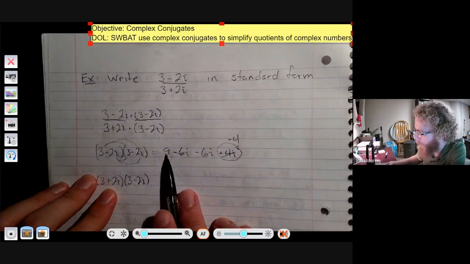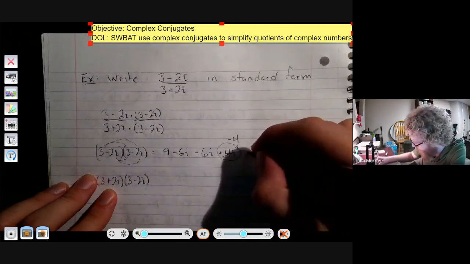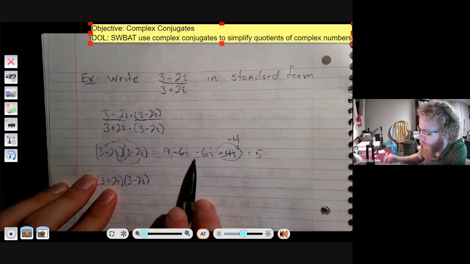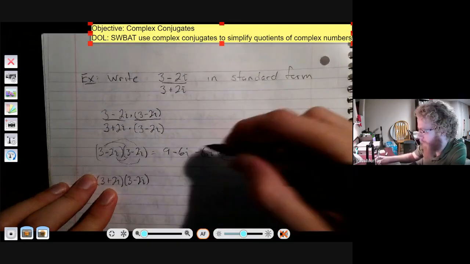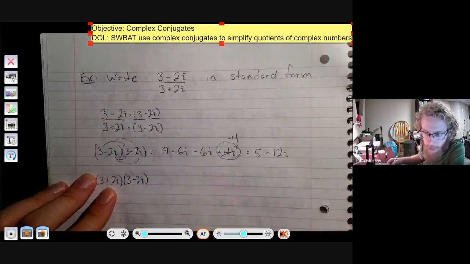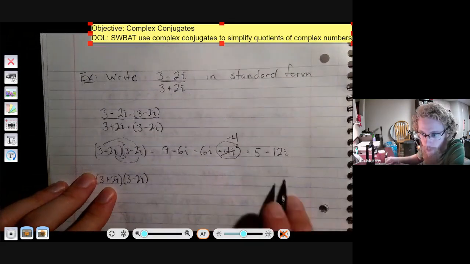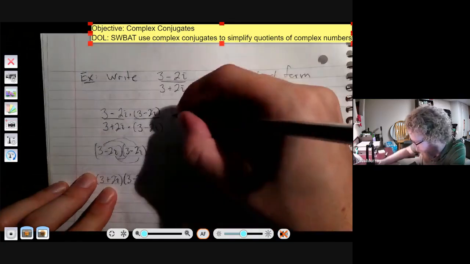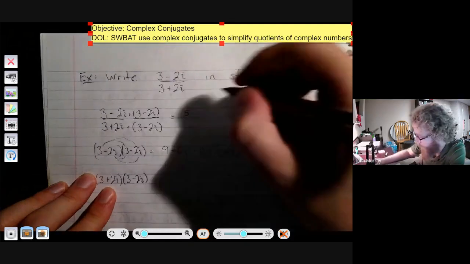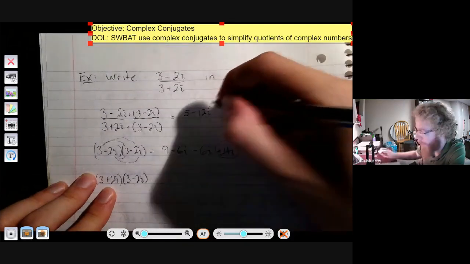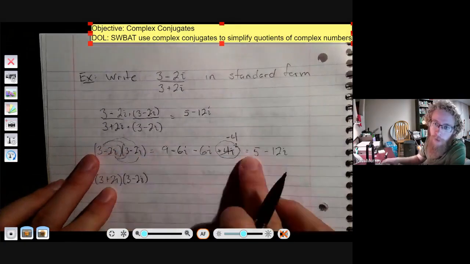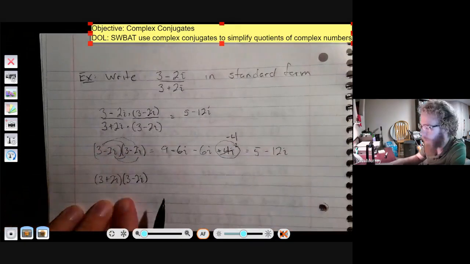So for the real part, we have 9 minus 4, which is 5. Negative 6i plus negative 6i, or negative 6i minus 6i, is negative 12i. Just be careful there with your signs. So we have the new numerator, 5 minus 12i.